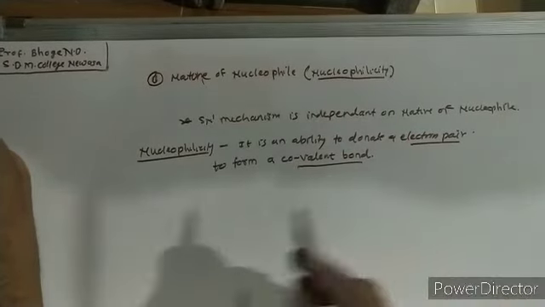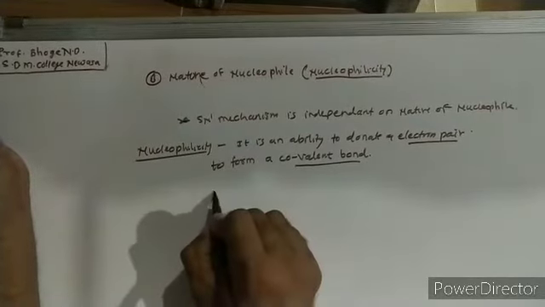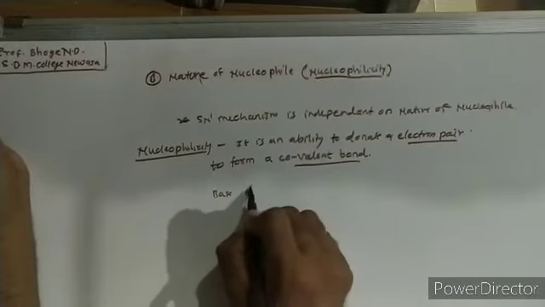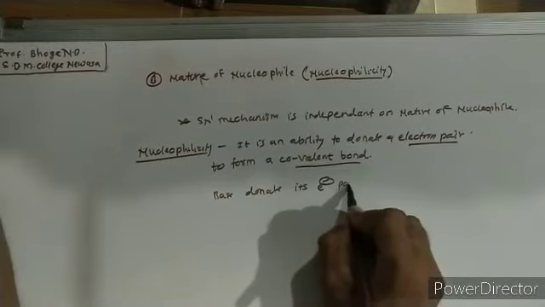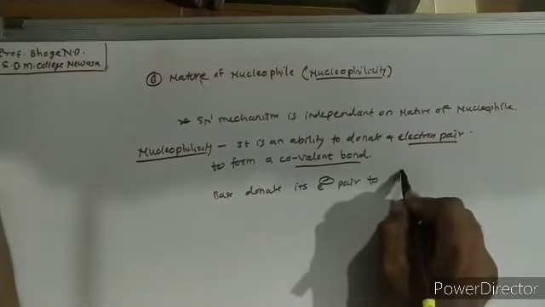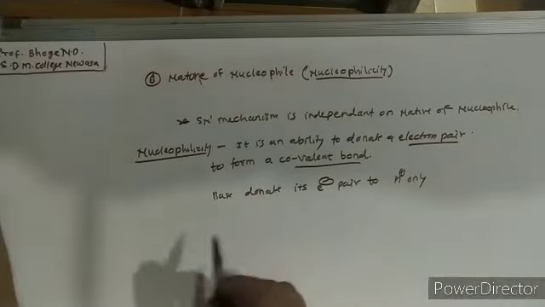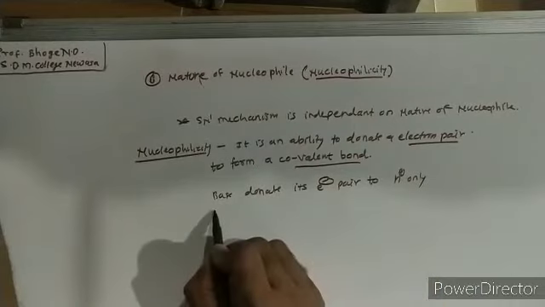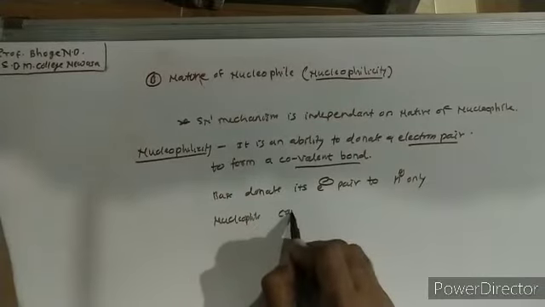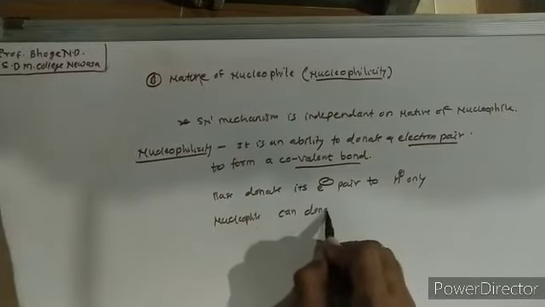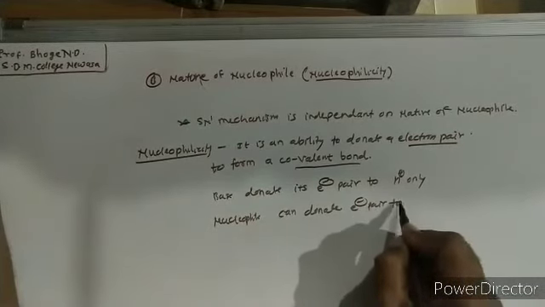A base donates its electron pair to H plus only, and a nucleophile can donate its electron pair to carbon.